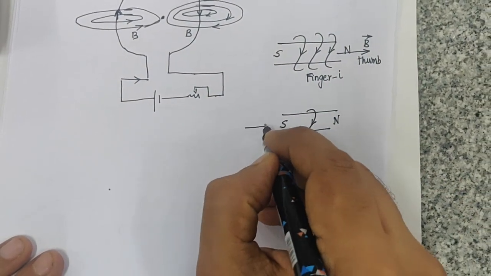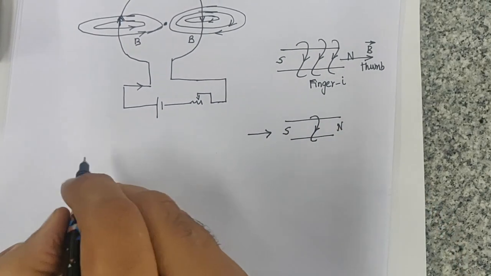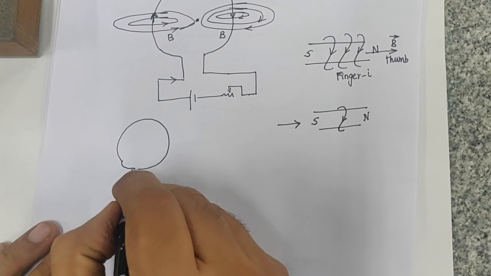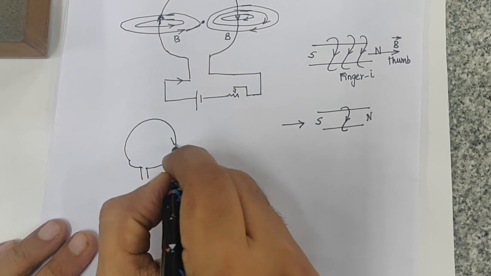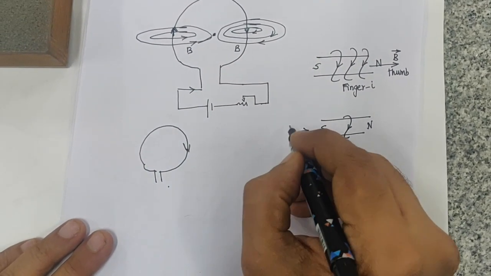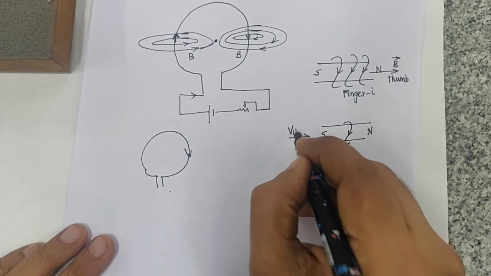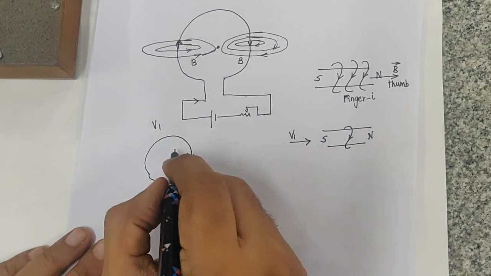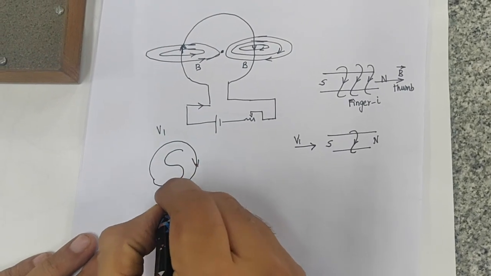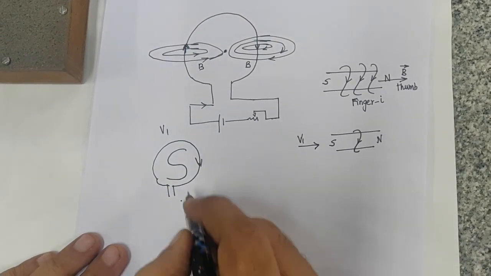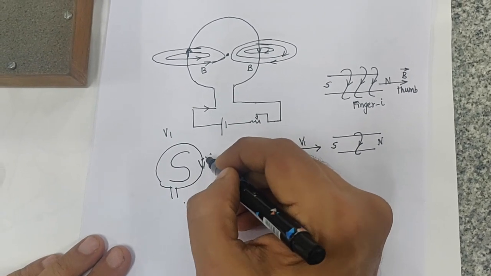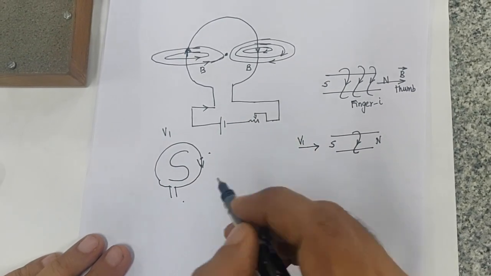As you're seeing from here, this one coil acts as if the current is moving this way. This is view one. The loop looks like this, and you see that this side is the south. The opposite side, facing away, which you don't see, will be the north. So the invisible side is the north.